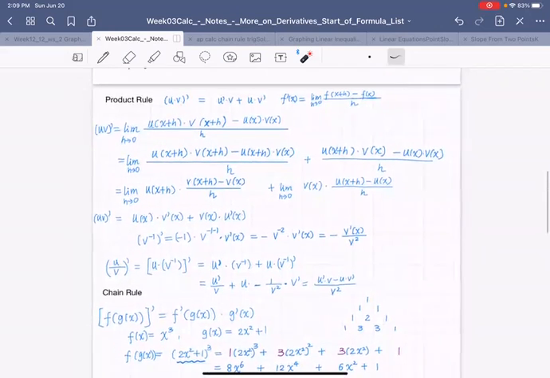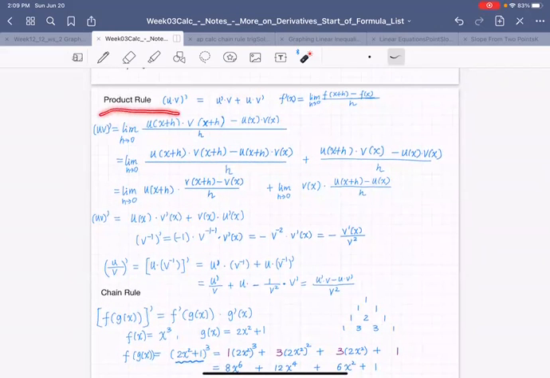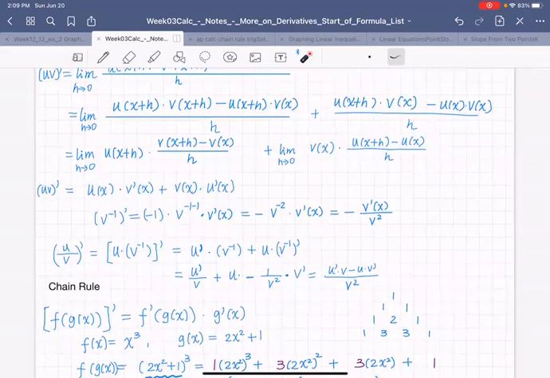I want everybody to truly understand the product rule and the chain rule. Now we are going to do the quotient rule, okay? When you have u divided by v and want its derivative, we rewrite u over v as u times v to the power of -1.